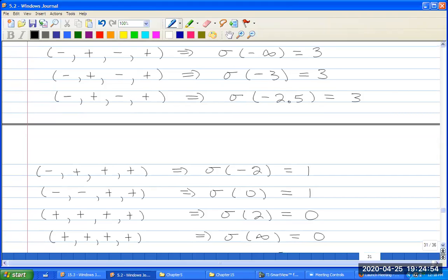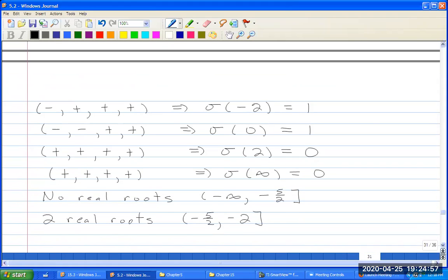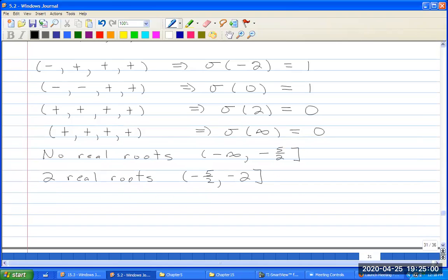It changes again between 0 and 2. There is one real root between those 2. No real roots between negative 2 and 0.